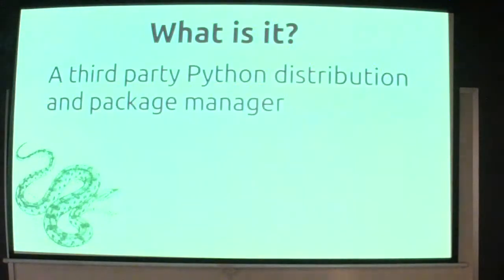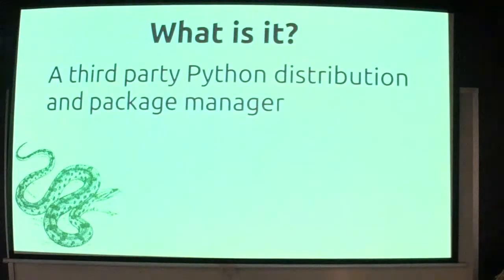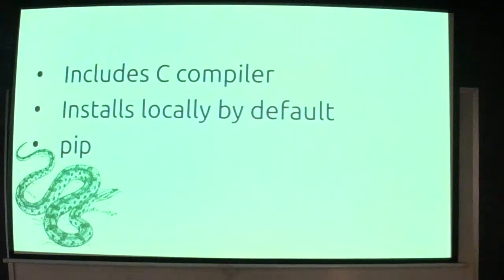So this is where Anaconda comes in. It's a third-party Python distribution and package manager, and it will install the packages for you, so you don't have to worry about it. It includes a C compiler and installs locally. The good thing about that is that if you need admin privileges and you can't get them, you can bypass security.